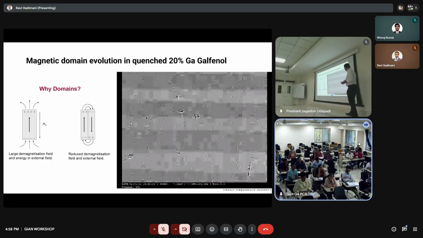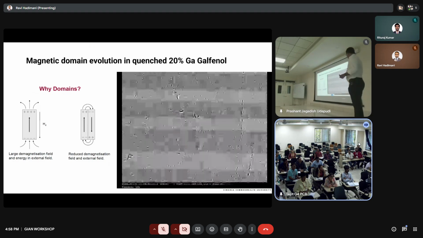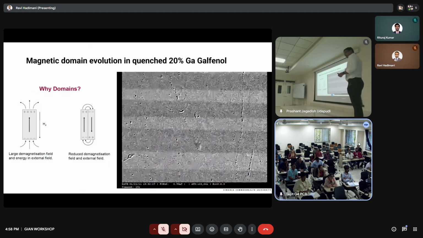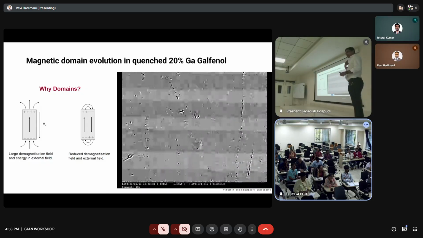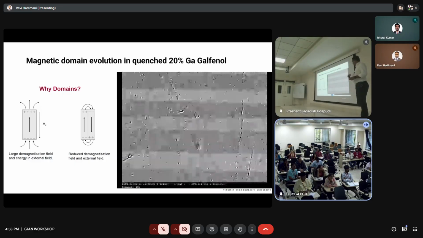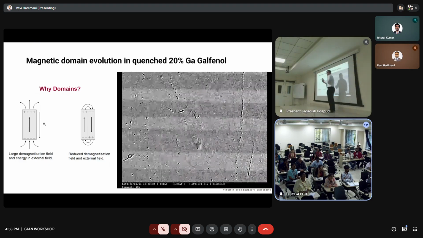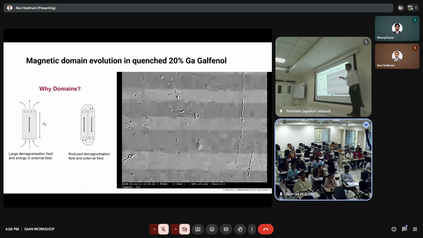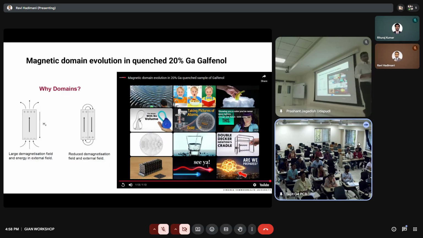So that's what creates this dark and light images, because we use a polarized light that will respond differently to different direction of the magnetic field. And the direction of the magnetic field is different in different domains. So whenever we see light, that represents the domains. So you need to have a special technique to see the domains.